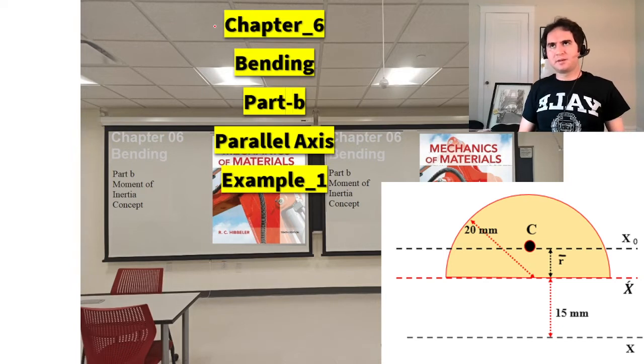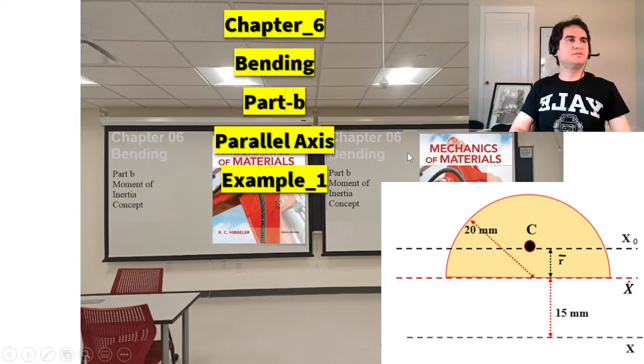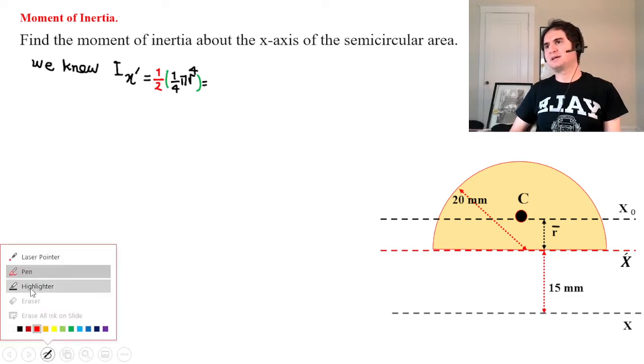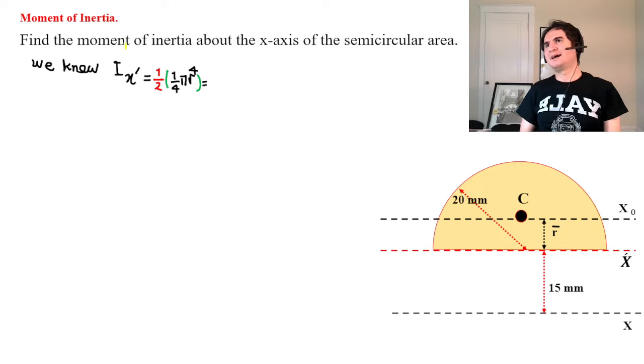Chapter 6, Bending, Part B, Parallel Axis Theorem, Example 1. Let's review a very interesting example related to moment of inertia, more specifically related to the parallel axis theorem. It's a problem that asks us to find the moment of inertia about the x-axis of a solid semicircular area.